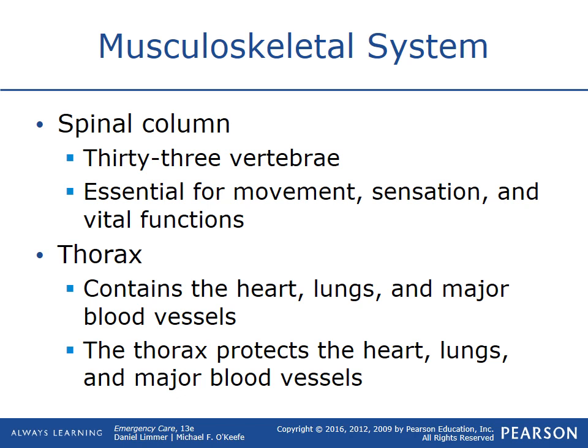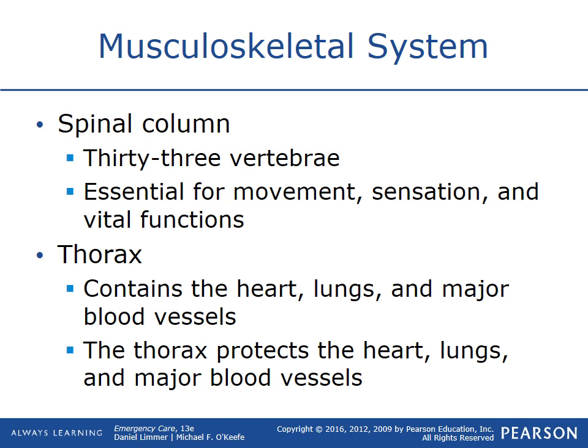The other parts of the musculoskeletal system, let's talk about the spinal column. There are 33 vertebrae. These are essential for movement, sensation, and vital functions. The spinal column is divided into sections, and these sections start with the top bones.